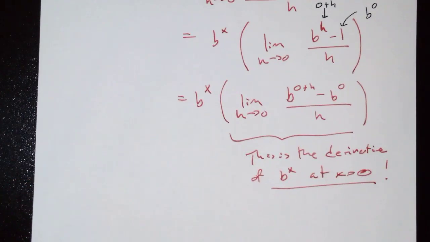So if I want to figure out what this thing is doing, I need to know what it's doing at one particular spot. I need to know what it's doing at 0.